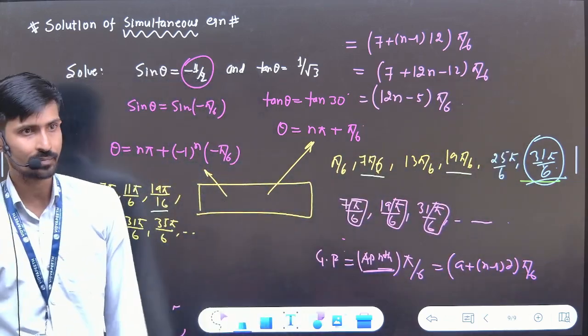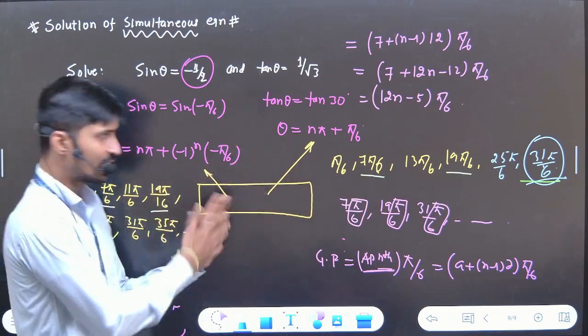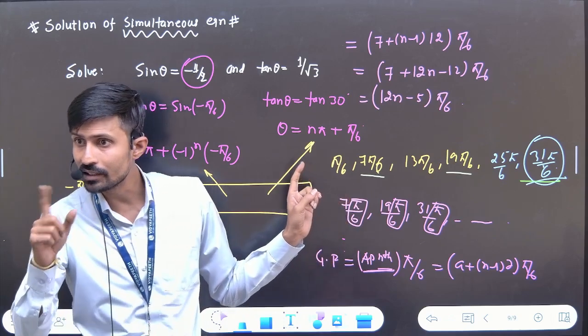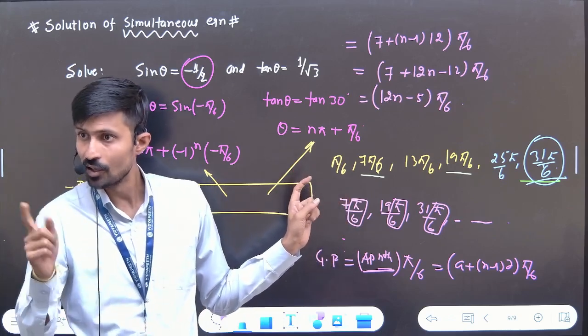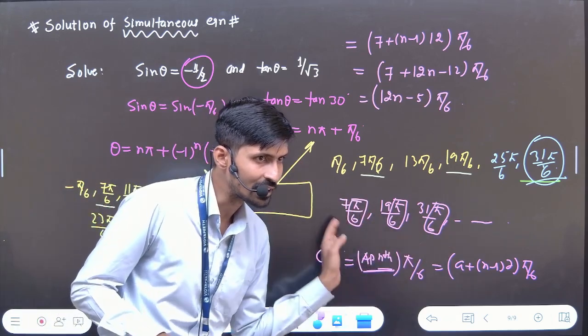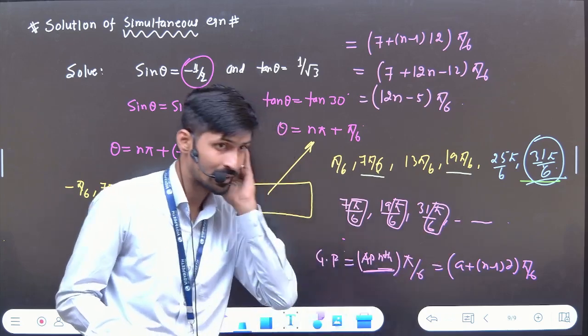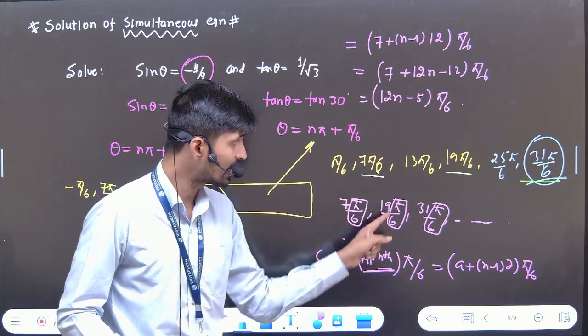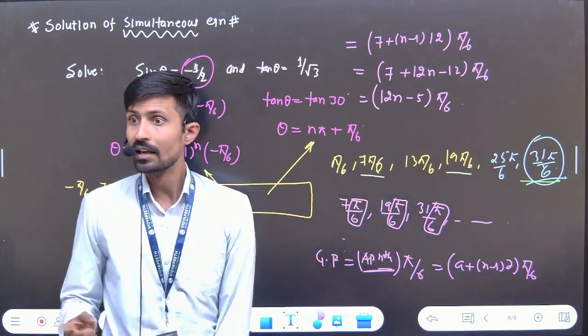We can proceed. Match 3 angles, write 3 angles here. As I earlier told, don't write it in 30 degrees, write it in pi by 6. Why did I say that? So that you can recognize what is coming every time. So pi by 6 is coming every time, write down pi by 6. And whatever numbers are changing in each, 7, 19, 31, that will be in AP.